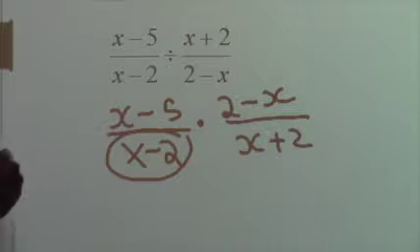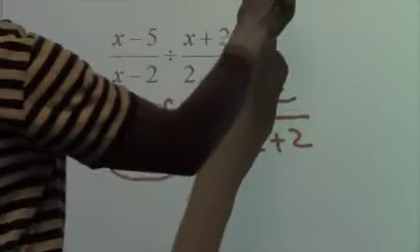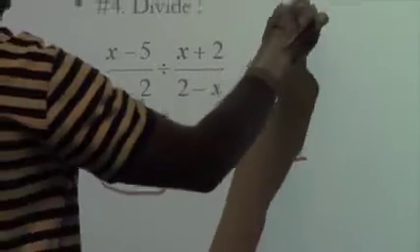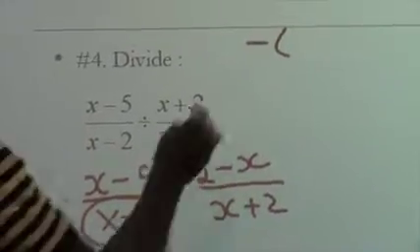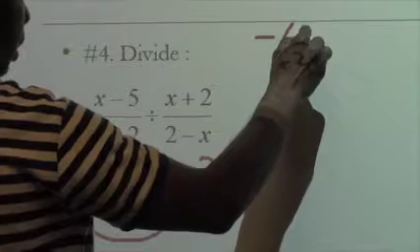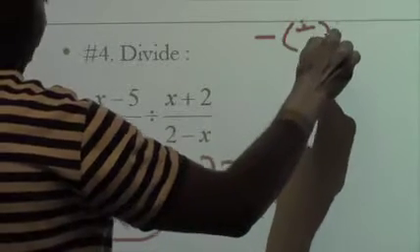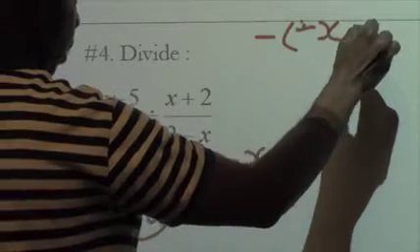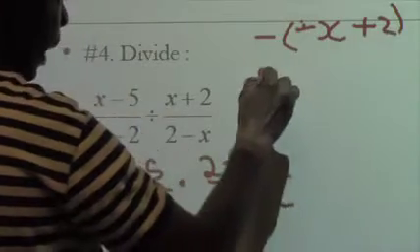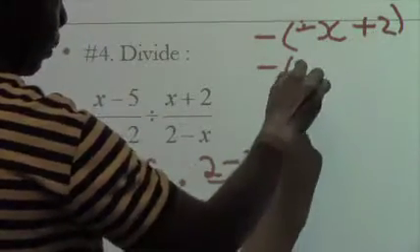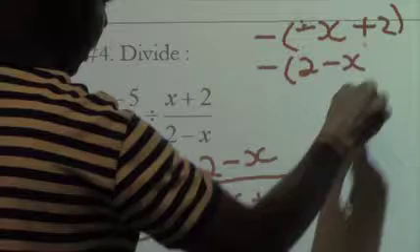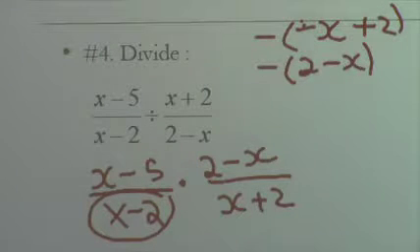So if we introduce a negative to this, we can change this into what? This becomes negative x plus 2. So I keep the negative outside, and this becomes simply 2 minus x. When we keep that negative up there, we haven't really changed anything.